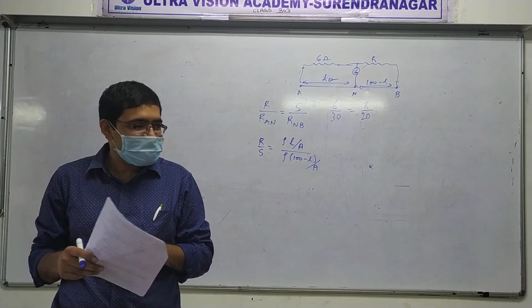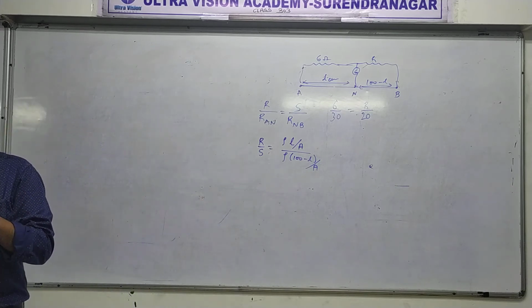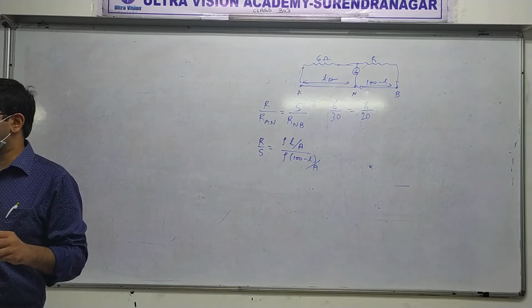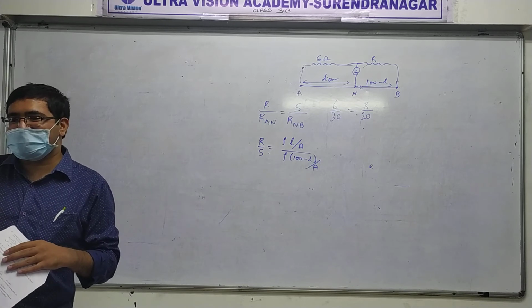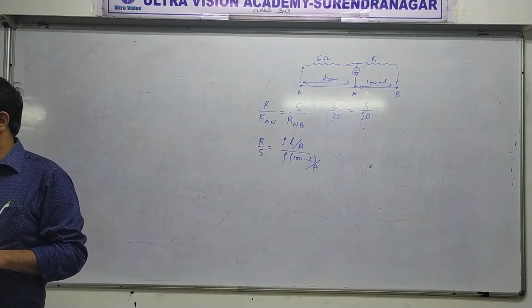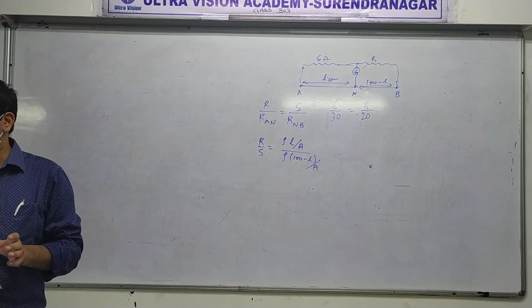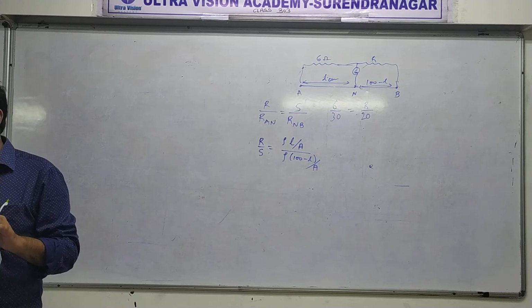What's the unit of resistivity? Ohm meter. Ohm meter is the unit of resistivity. Everyone get that? Clear? So if we take I, the resistivity. Is resistivity also called specific resistance? Yes.